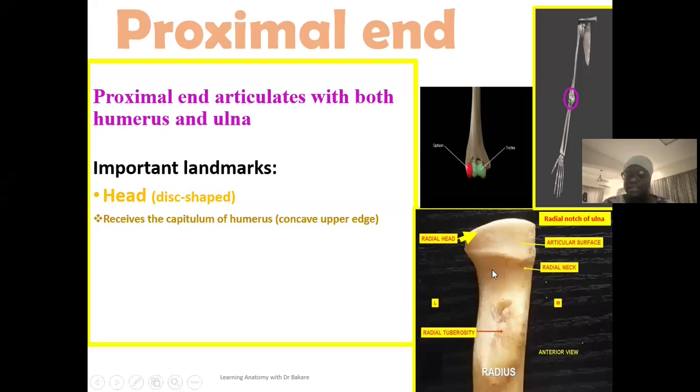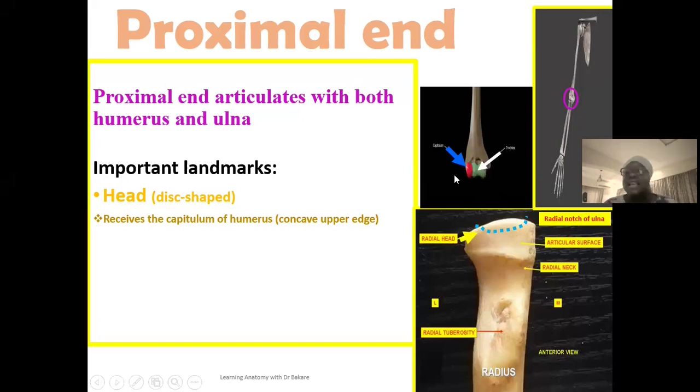If you go back to this image, this is where we have the alignment of the indentation created around the head of the radius. And if you go to this upper region, this is where we have the capitulum here, arrowed in blue. This capitulum, you see that it is a rounded eminence that is positioned laterally to the trochlea. At this other end, arrowed in white, is where we have the trochlea.